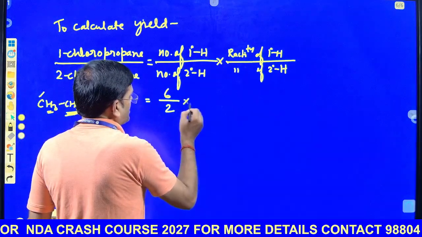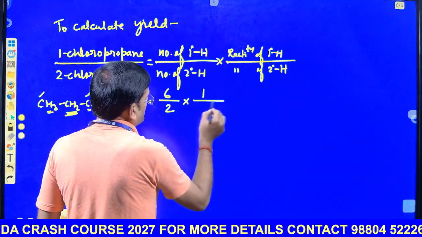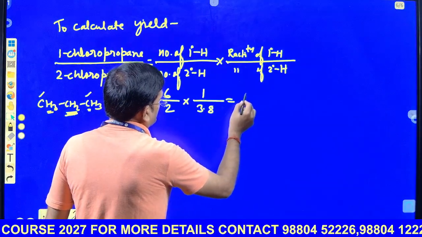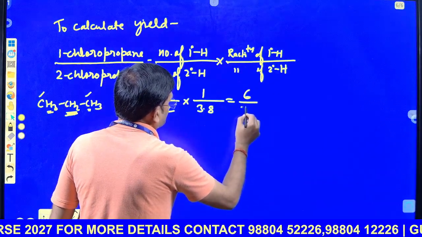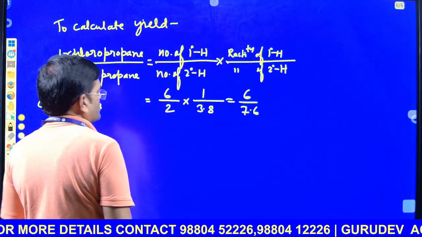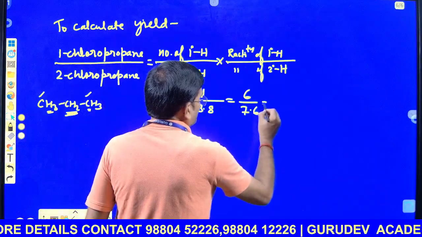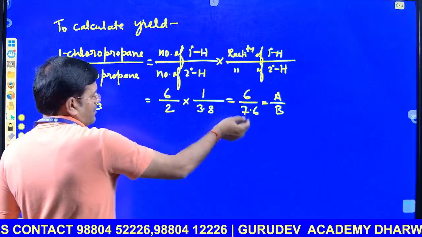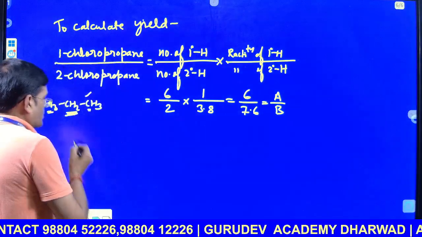And the reactivity of 1 degree hydrogen is 1 and 2 degree is 3.8. So it is coming out to be 6 divided by 7.6. Let us say this is A, this is B. Now you can find out the percentage with these, no problem.